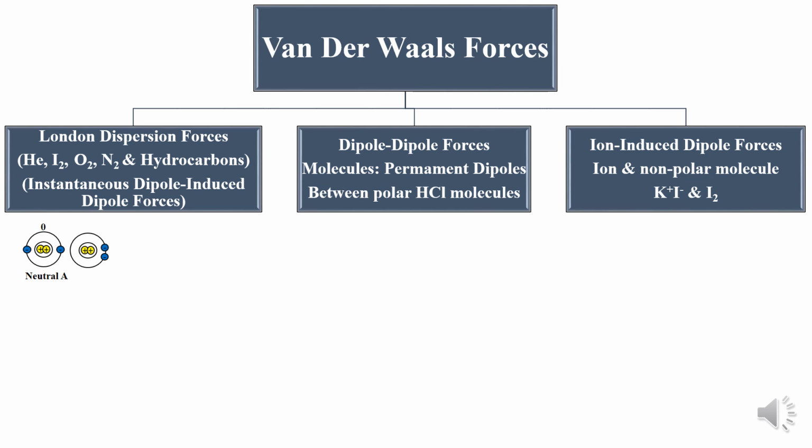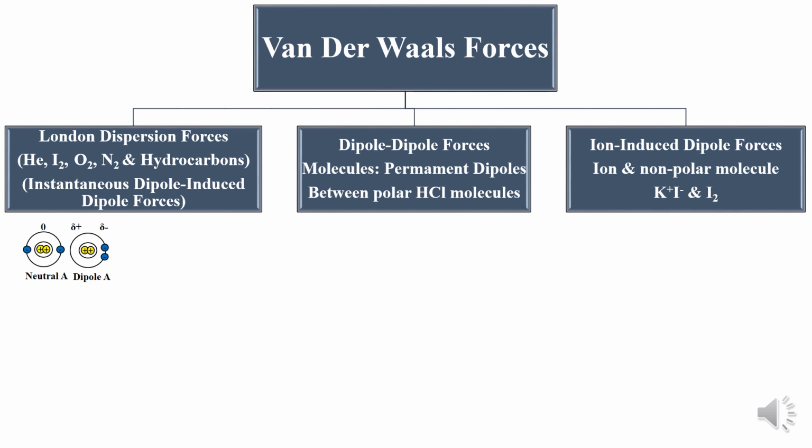And this leads to clustering of electrons on one side of the atom, leading to development of a dipole. And we observe unsymmetrical distribution of electrons in comparison to the neutral helium atom.